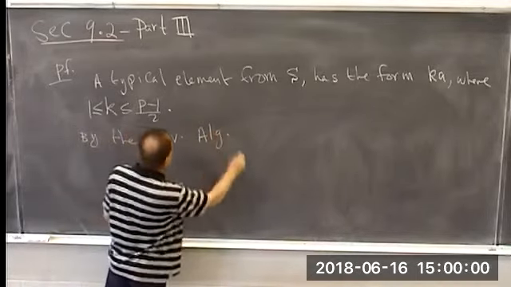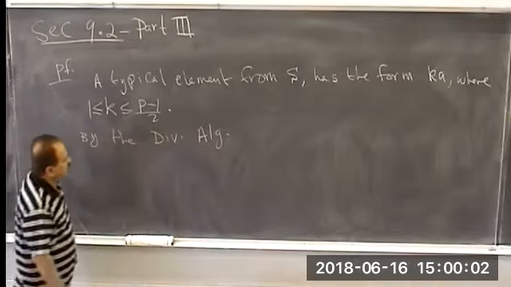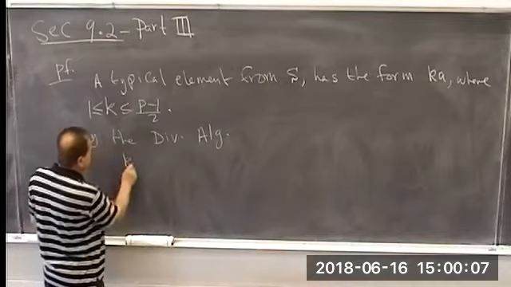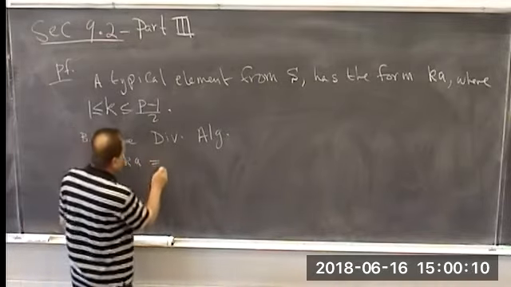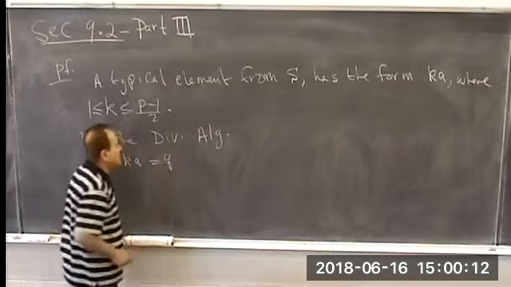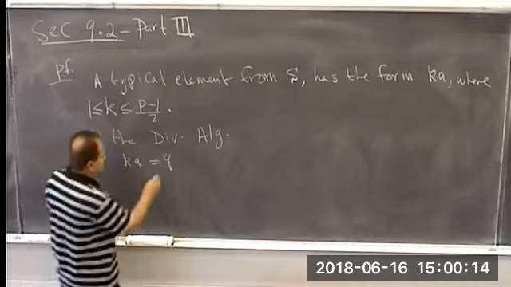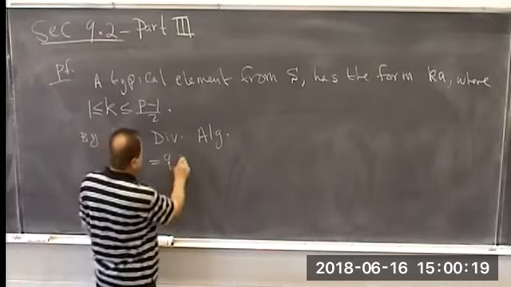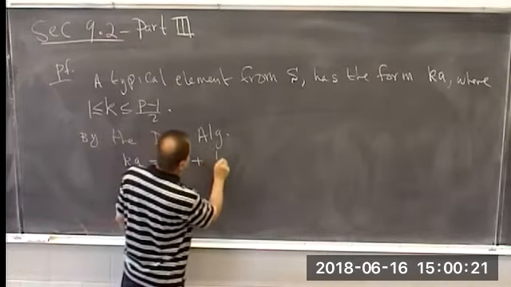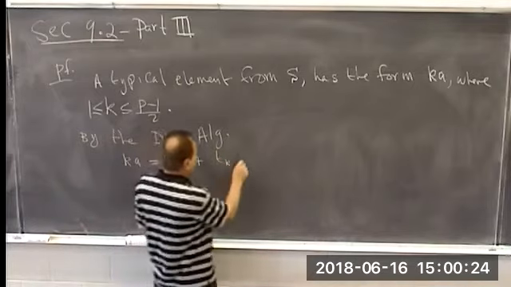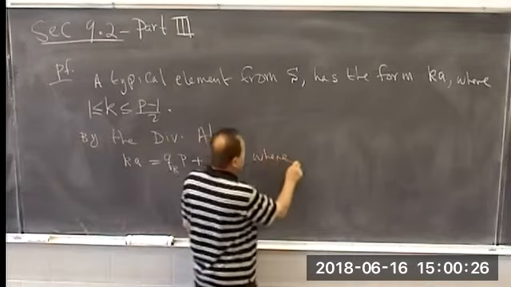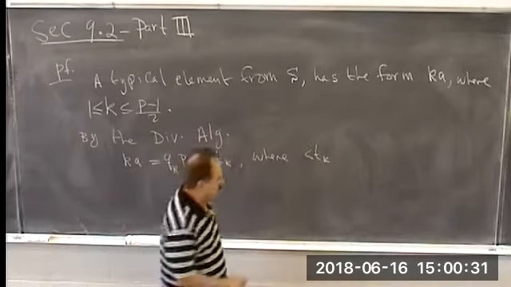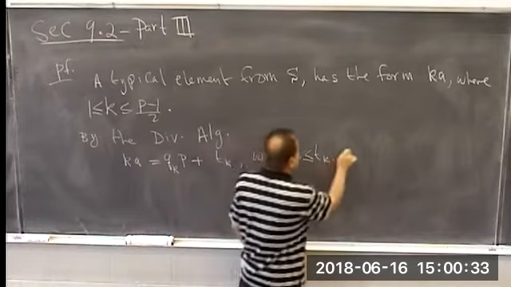We know that I can write ka equal to the quotient, Q sub k, times p, since we're going to divide by p, plus T sub k, which is the remainder, where T sub k is bigger than or equal to 0, but less than p.